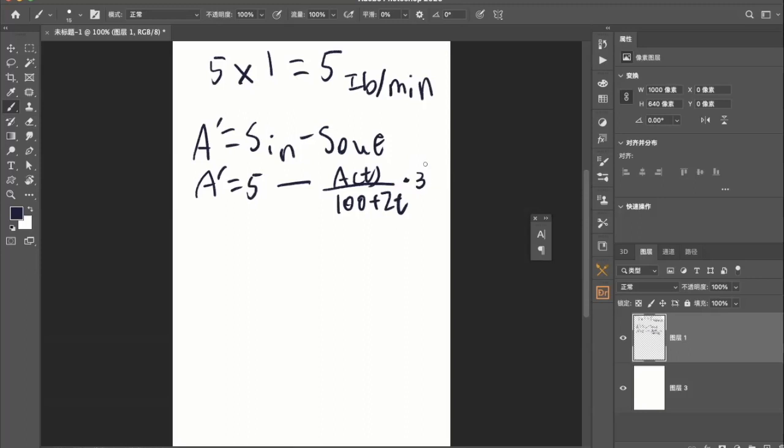The units cancel out. So this is our new equation. Now we follow the same steps to solve it. So A prime plus A over 100 plus 2t times 3 equals 5.